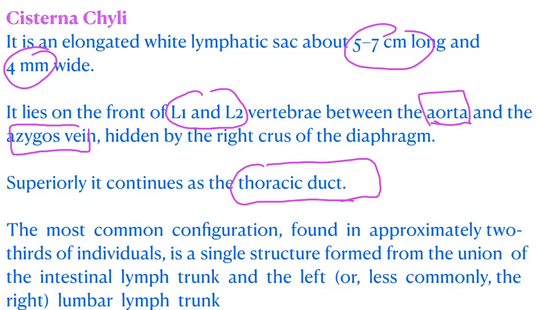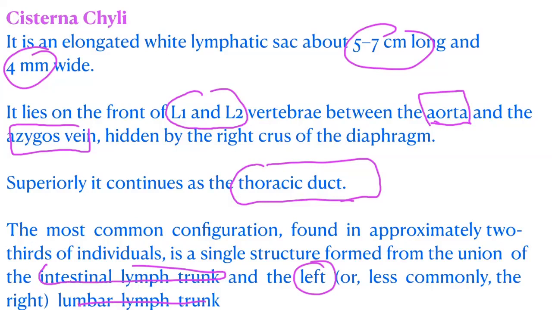The most common configuration, found in approximately 2/3 of individuals, is a single structure formed from the union of the intestinal trunk and left lumbar trunk. Usually there are left and right lumbar trunks and intestinal trunks. So the cisterna chyli is usually formed by the left lumbar trunk and intestinal trunk.